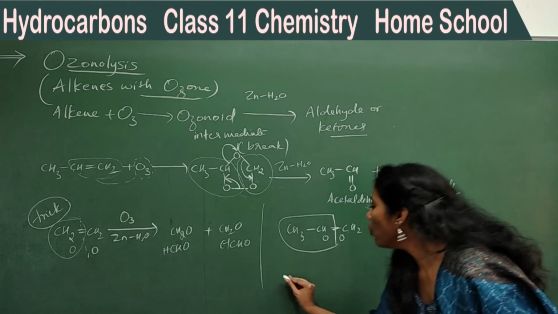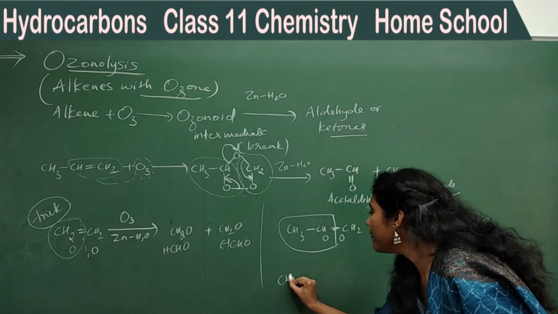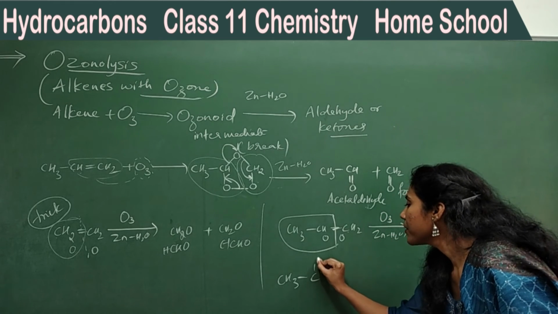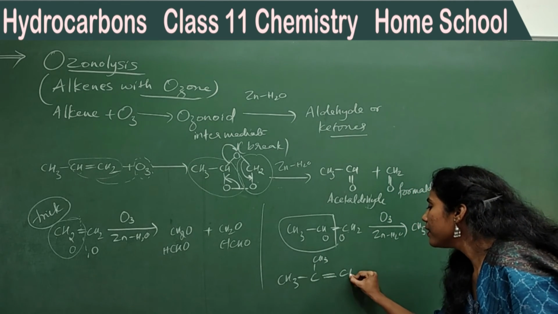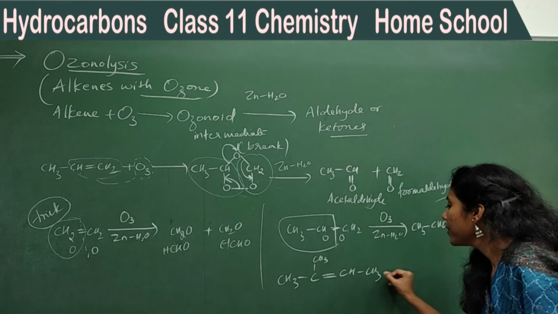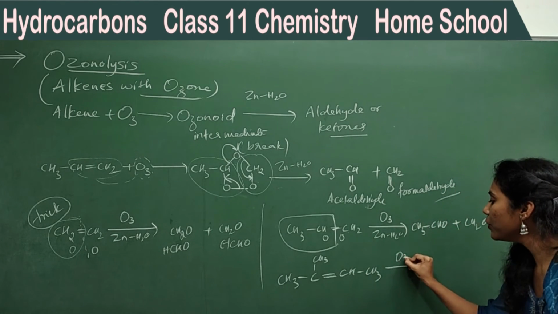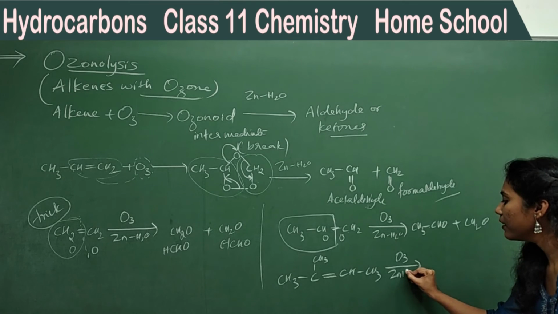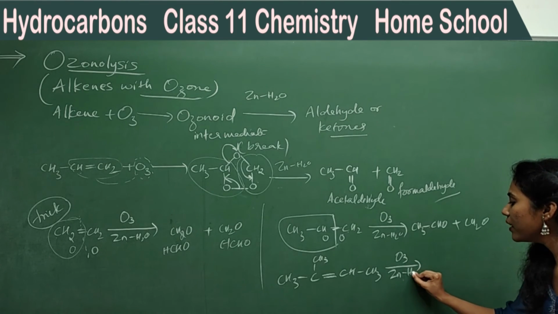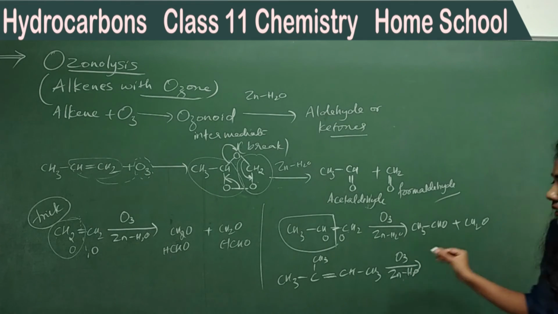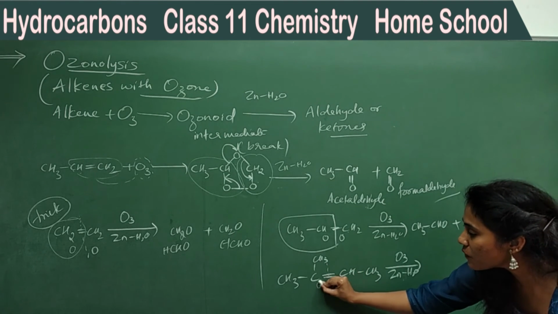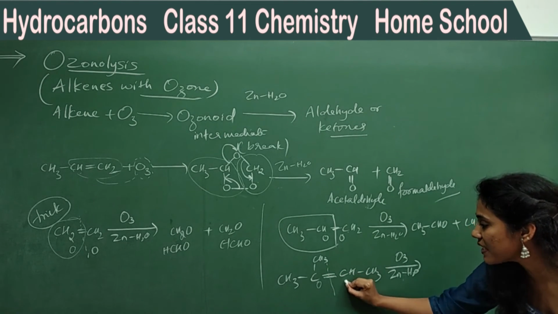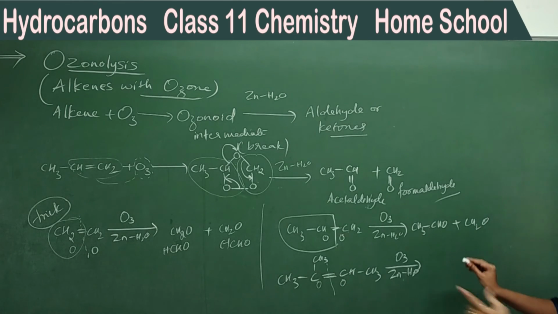Okay. So now suppose I have CH3 double bond CH3, with substituents, and I am treating with ozone in zinc water. Can you all predict the products? Observe here. Double bond is here. I'm breaking it. For this carbon, I'm adding one oxygen. For this carbon, I'm adding another oxygen. So what is the product?